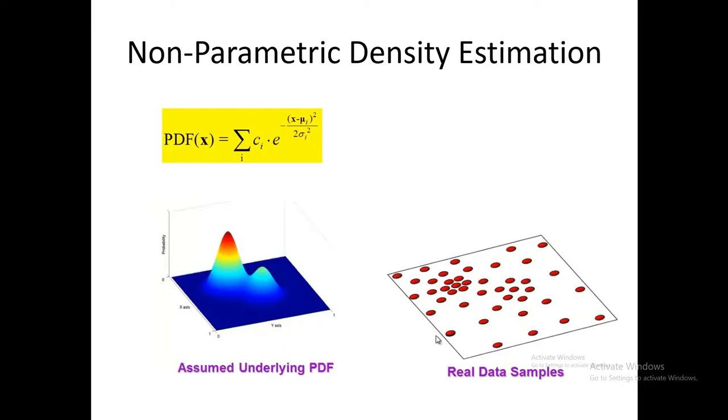Finding the probability of a particular x, all points contribute, and the contribution depends on how close they are to x. If a point is far from the sample, it will contribute less. This is called the density estimation, and we will estimate this density here.